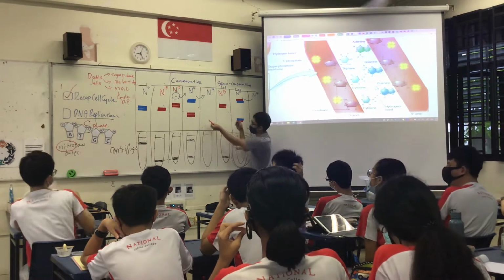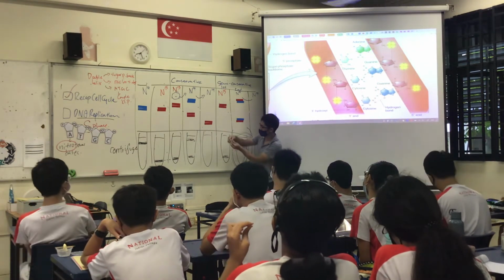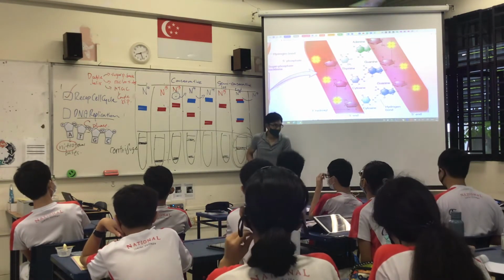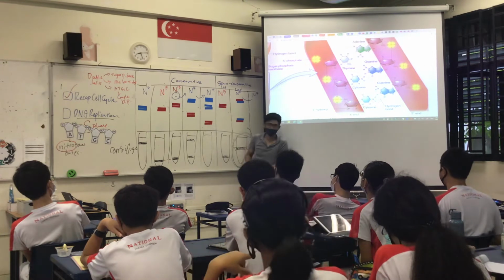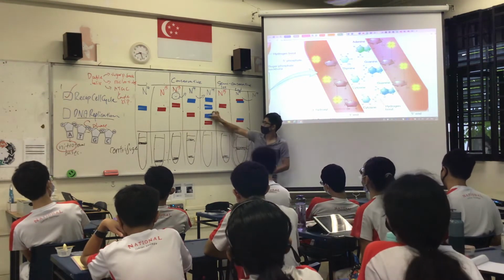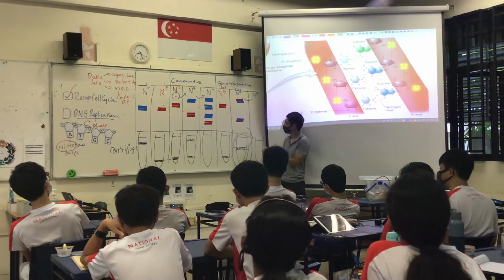So there will be the original strand, and then there will be this strand over here. But any new DNA will be light. And what's the banding pattern here?